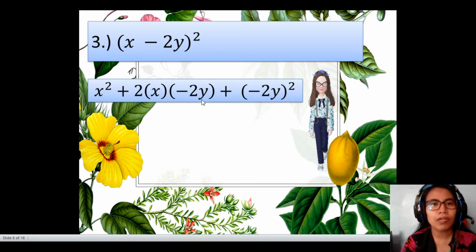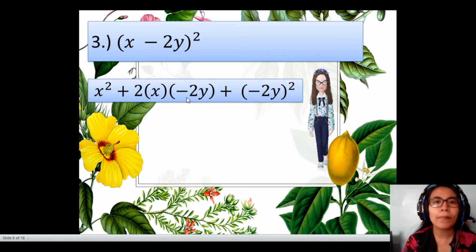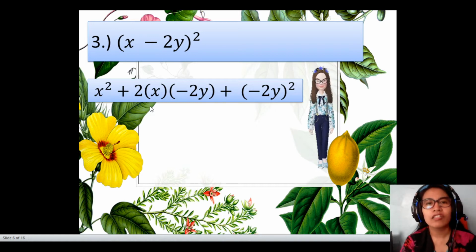So let us multiply this first. Those that are in the parenthesis. We have x times negative 2y will give us negative 2xy. Remember, your letters should be arranged alphabetically. So you have negative 2xy multiplied to our positive 2 will give us negative 4xy. So that will be your middle term.